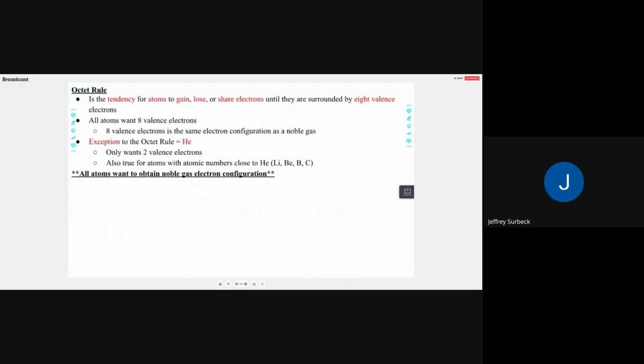But again, anything that forms a noble gas electron configuration, as helium does, doesn't abide by the octet. Everything else wants 8 valence electrons. It's filling the outer s subshell, and it's filling the outer p subshell.